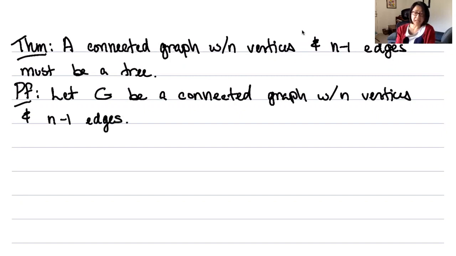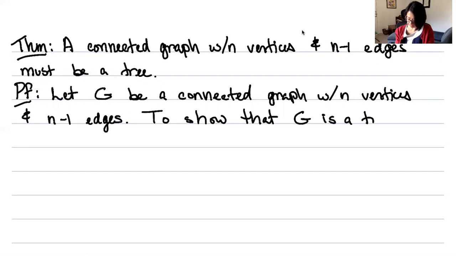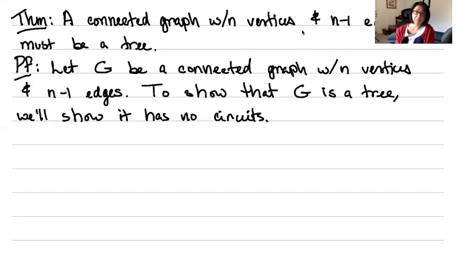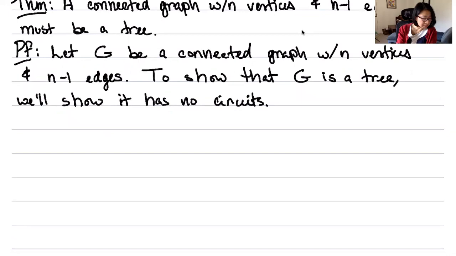So it's already connected. We just need to show that it can't have any circuits. Okay, so to show that G is a tree, we'll show it has no circuits, and we'll use contradiction.